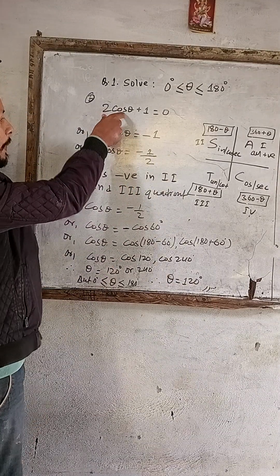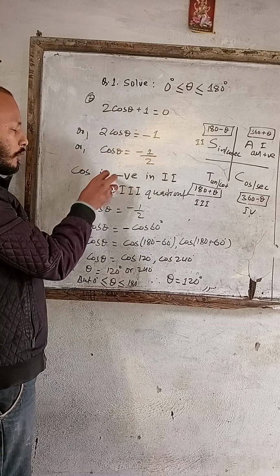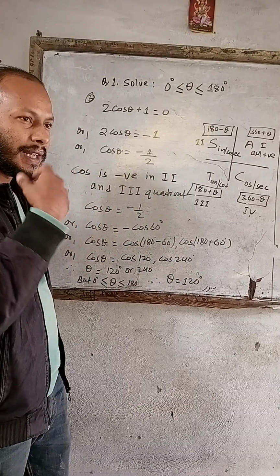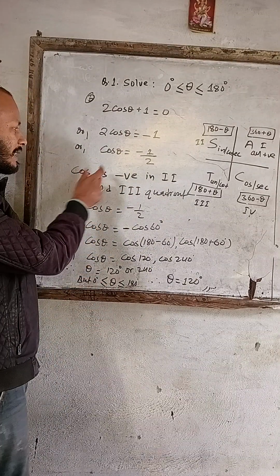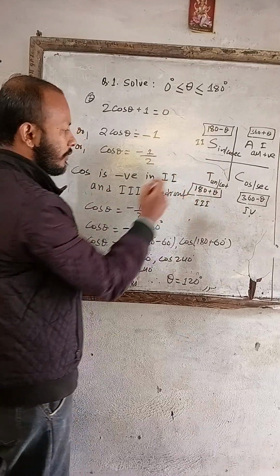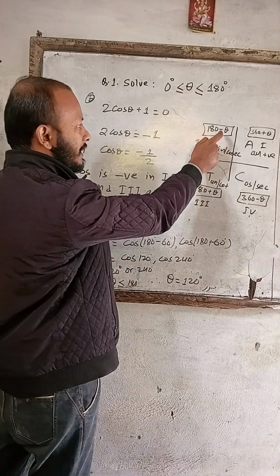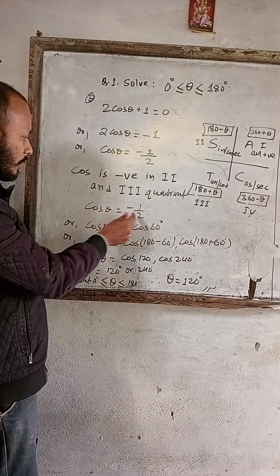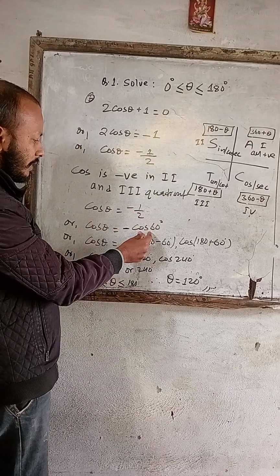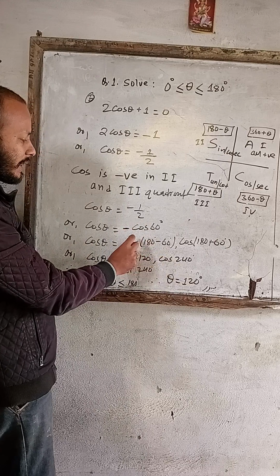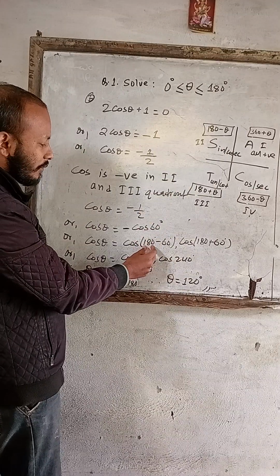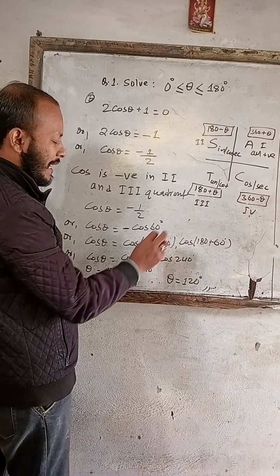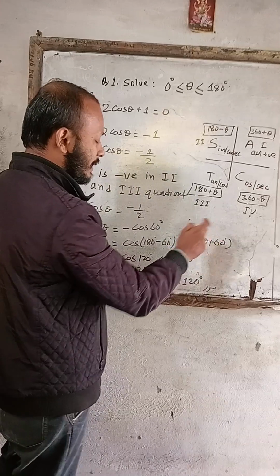So what we see here, cos has come negative, so we have to obtain the value where it is negative. Cos is negative in the second and third quadrant. Second quadrant means 180 minus theta, and third quadrant means 180 plus theta. So we wrote cos 1 by 2 means cos 60 degree, then we converted it into the second quadrant, that is 180 minus 60, and the third quadrant, 180 plus 60.